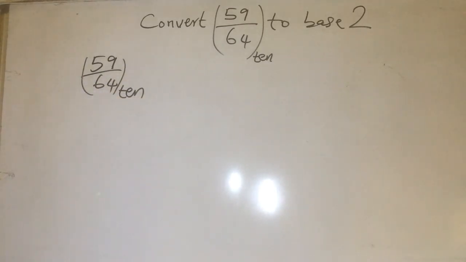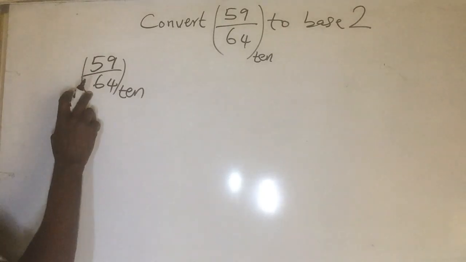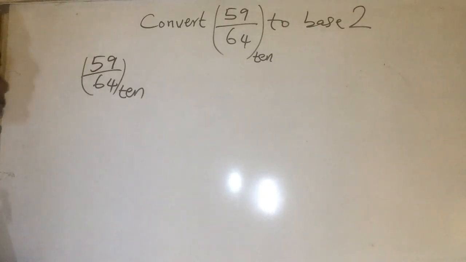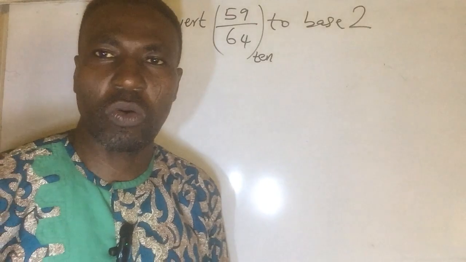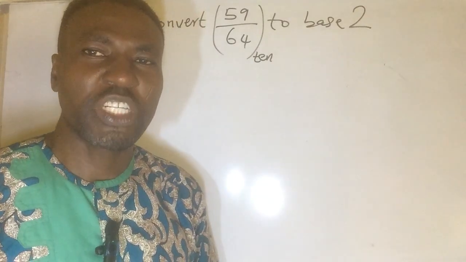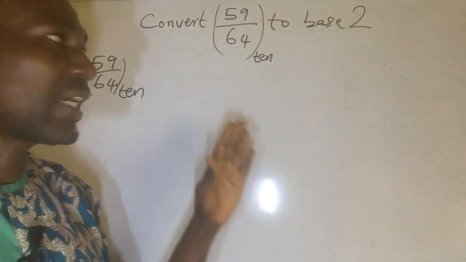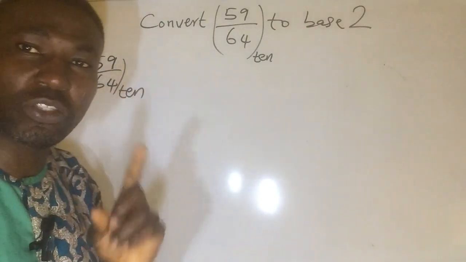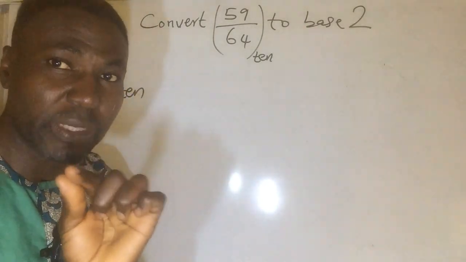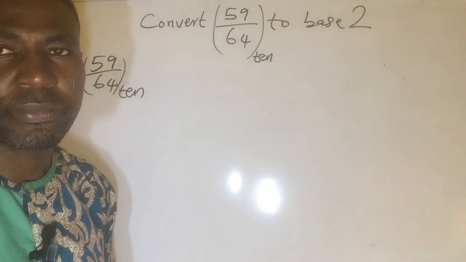The next thing now is to check whether the number is in the lowest term. Actually, it is in the lowest term. What do I mean by lowest term? It is to check whether there is any particular number that can divide both of them.